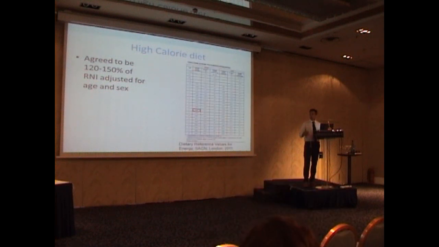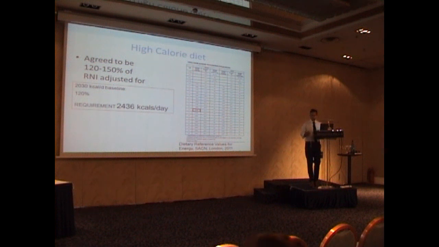I'll give you an example. This is a child here at age 10. The normal calorie requirements of a child age 10 are around 2,000 calories a day. A child with cystic fibrosis will require 120% of that, which is around 2,500 calories a day.